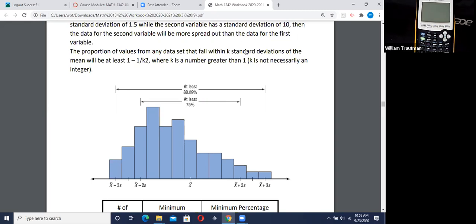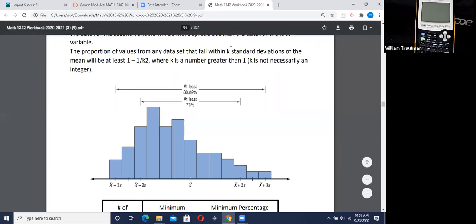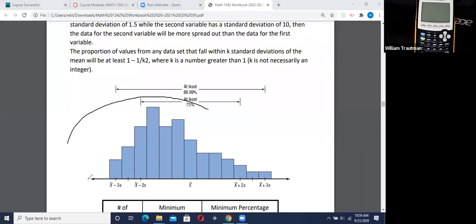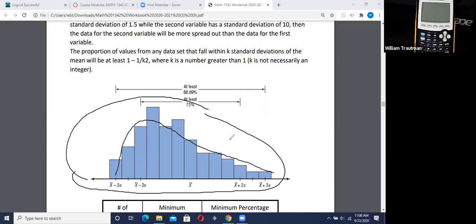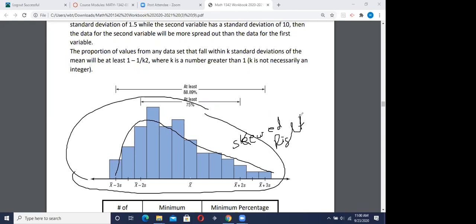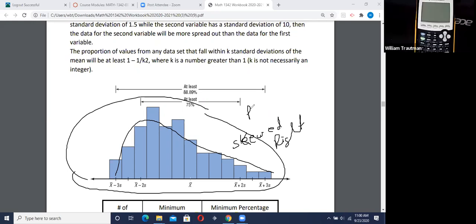Chebyshev's is used when data looks like this, when it's not symmetrical, when it's skewed right or left. This is skewed right. Skewed right also means positive skewed.